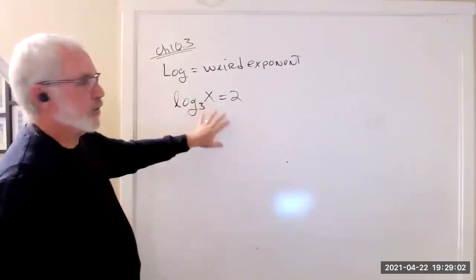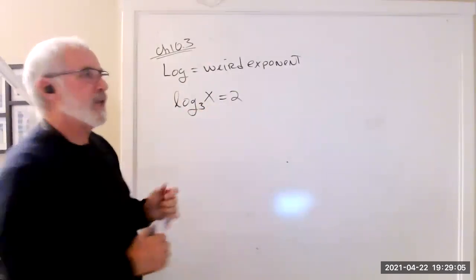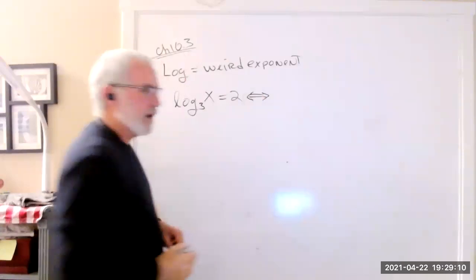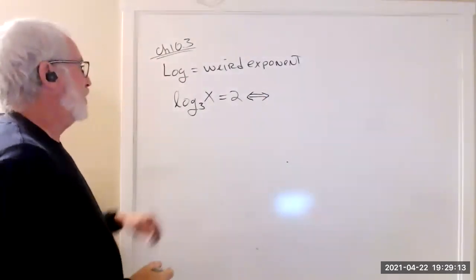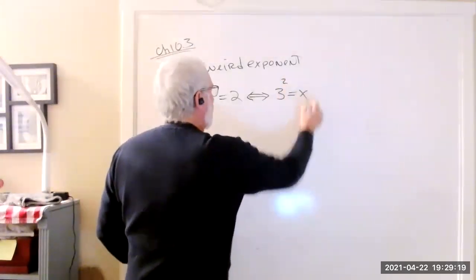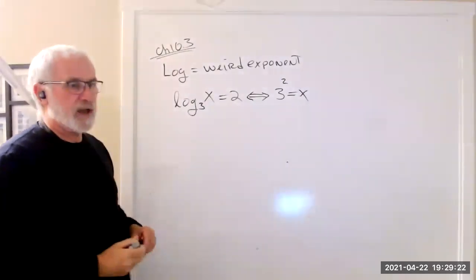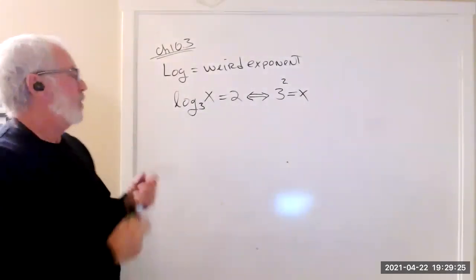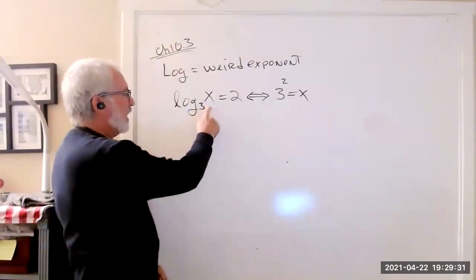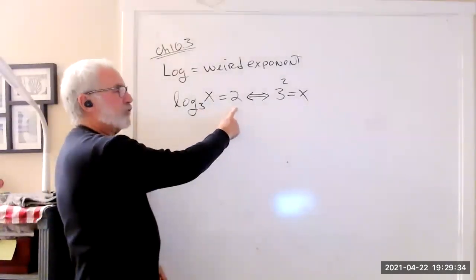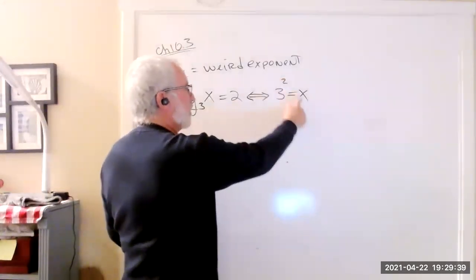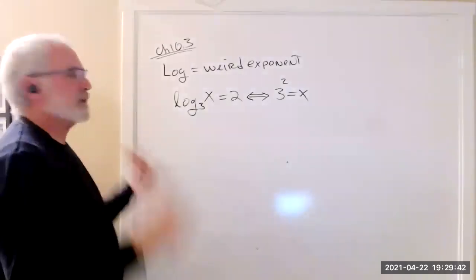This is equivalent to, and I'm going to write a double-headed arrow, the exponential equation 3 to the 2 equals x. This logarithmic equation, log base 3 of x equals 2, is the same thing as this exponential equation, 3 to the 2 power equals x. They're identical to each other.